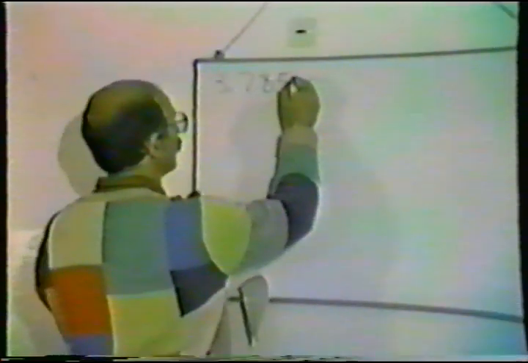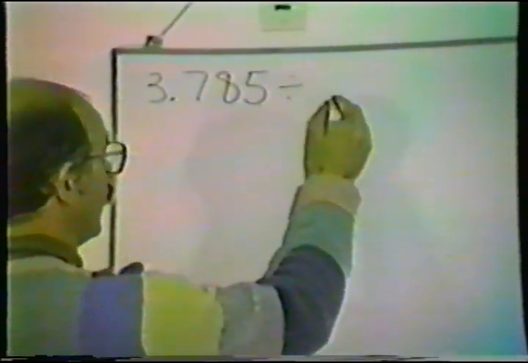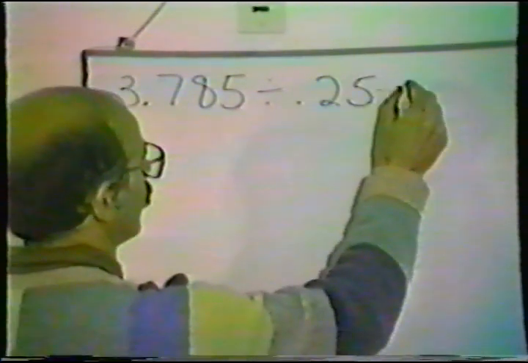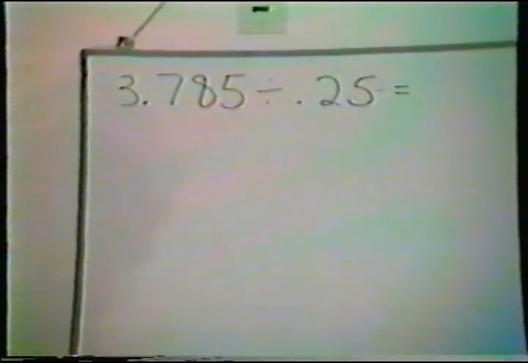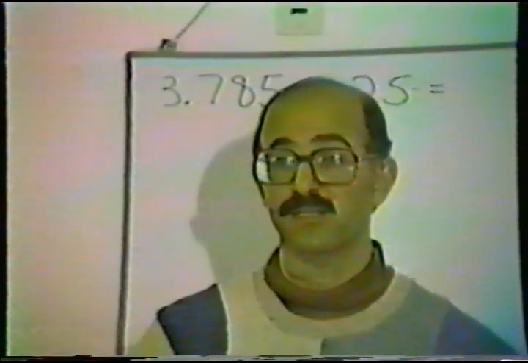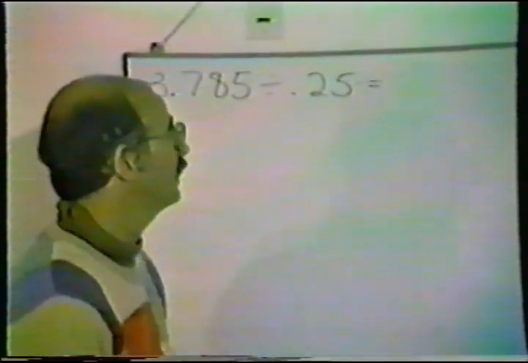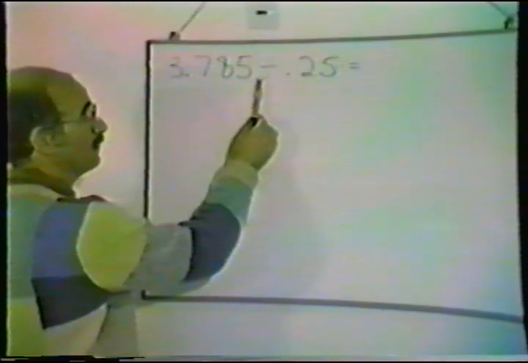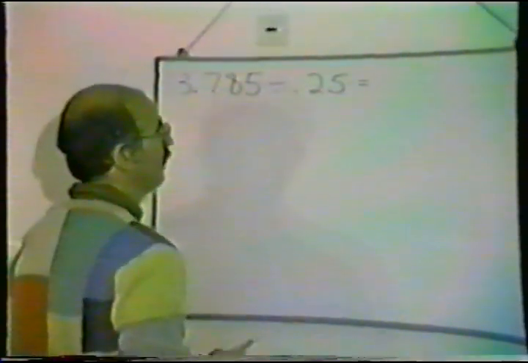3.785 divided by 0.25. We'll have to rewrite this in order to divide one number into the other. It says 3.785 divided by 0.25.